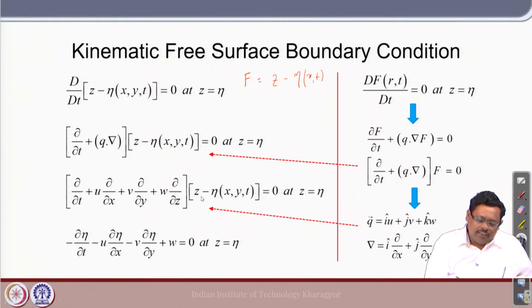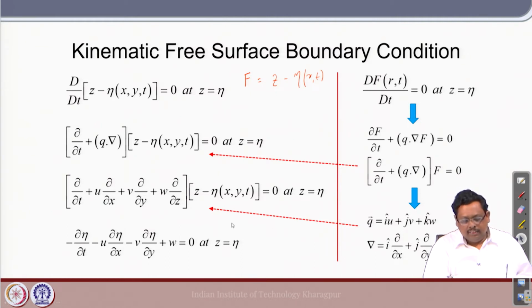Similarly, z is not a function of y also, however, eta is a function of y. So, if I do this then I get minus v into ∂eta/∂y. And finally, that ∂z/∂z goes to 1. So, I have the w, but then eta is not a function of z. So, therefore, it is 0.